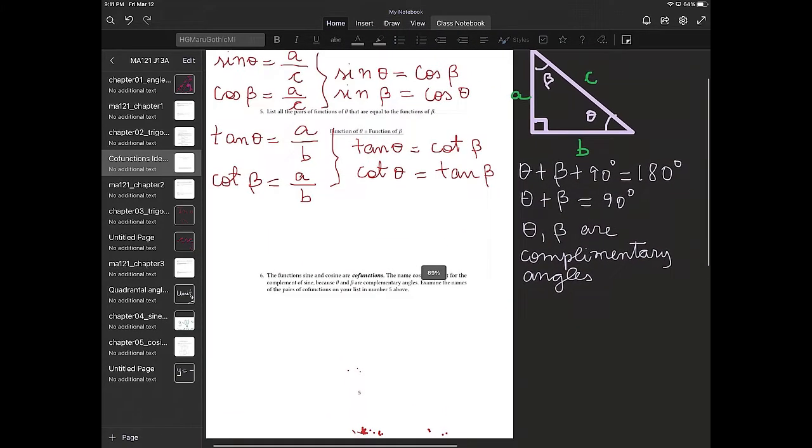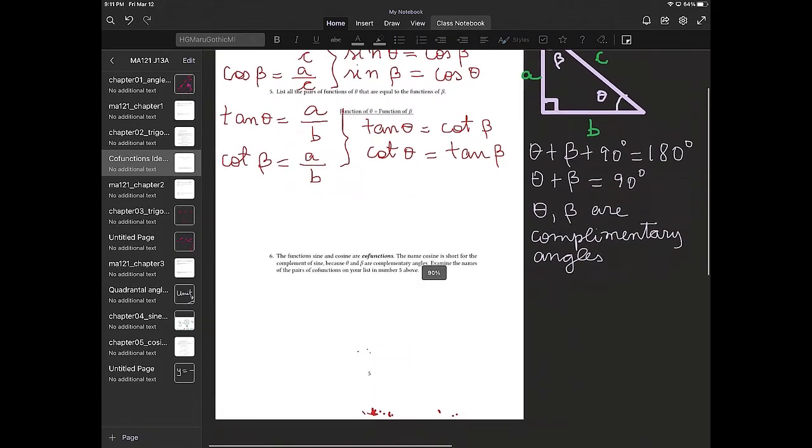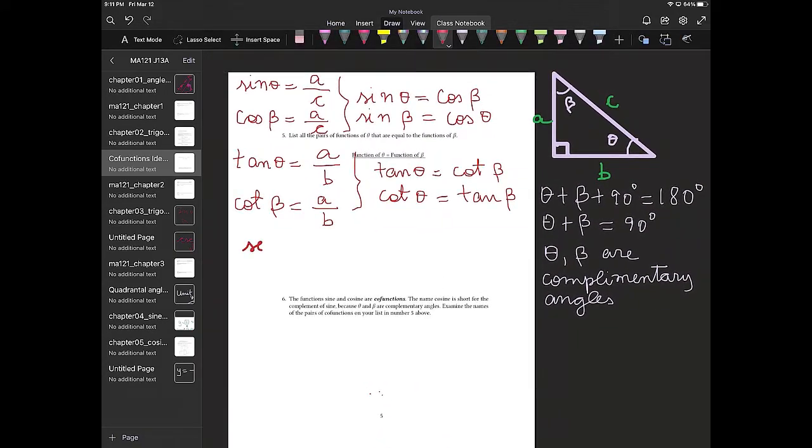Now let's look at secant. Secant of angle theta is defined as hypotenuse over adjacent. For theta, we have the hypotenuse, which is C, divided by the adjacent, which is B. Cosecant is defined as hypotenuse over opposite.